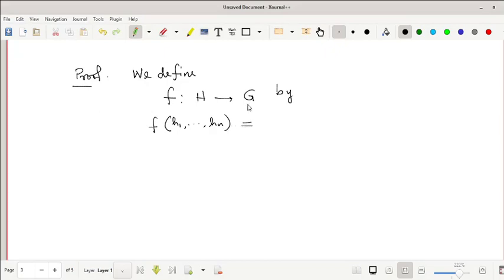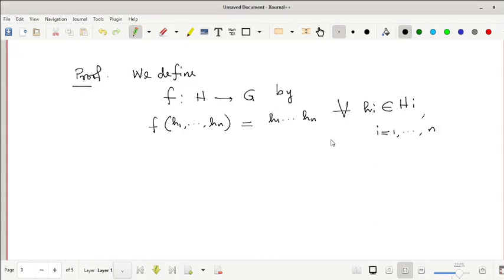And every element of G is a unique product of h1, h2, hn. So we define it as h1 h2 hn, for every small hi belonging to capital Hi, and i goes from 1 to n. This is how it is defined.